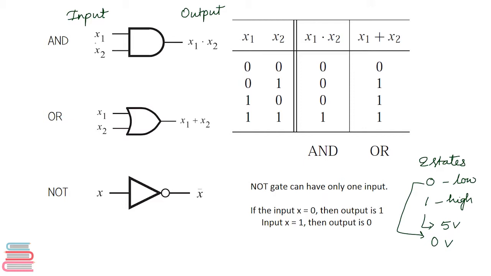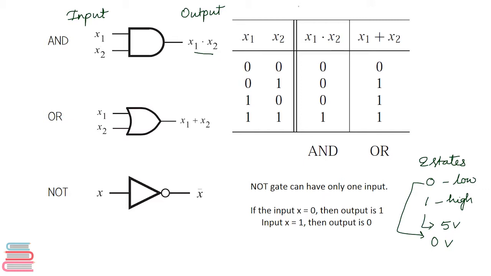The AND gate should have a minimum of 2 inputs. In this logic gate, we have 2 inputs, and as I told, each input has 2 states. So we have a total number of 4 states, that is 0 0, 0 1, 1 0, and 1 1. The AND operation is denoted by a dot, and the output is high only if both the inputs are high.